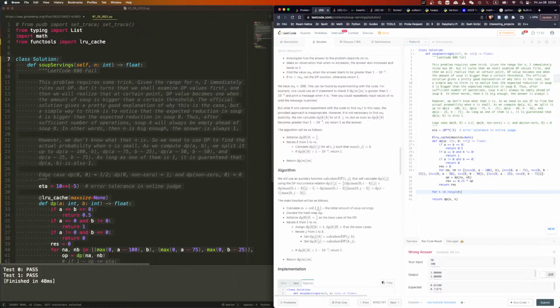In range n. Okay. We do DP i. If dp ii is -1 and smaller or equal to eta, return 1. Otherwise, return this.